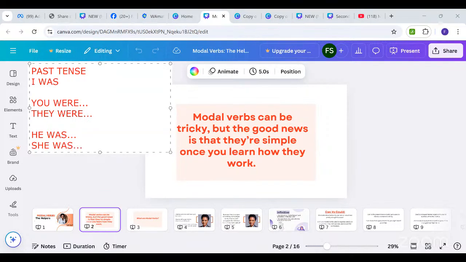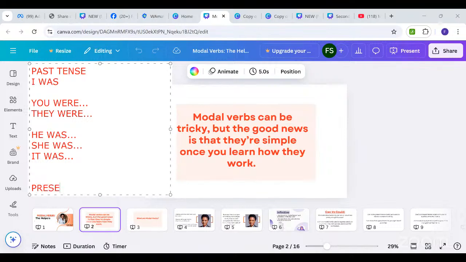Okay. Past tense for are is were. Are, right? Yes, are.